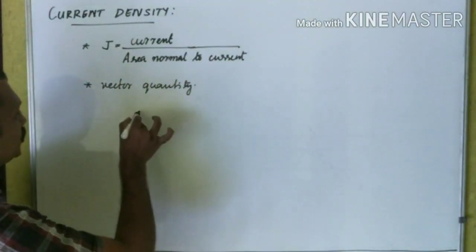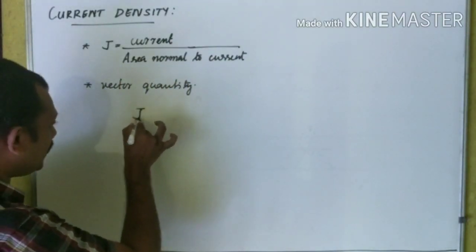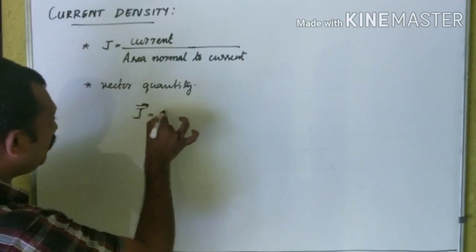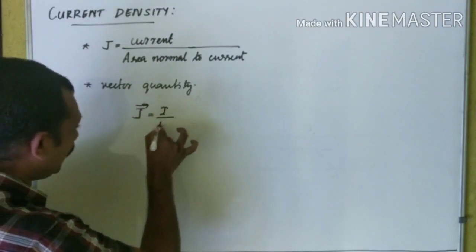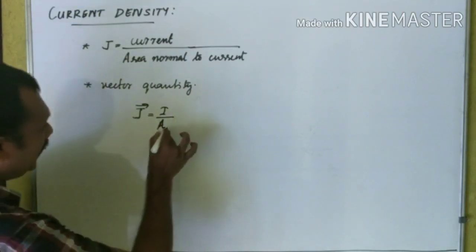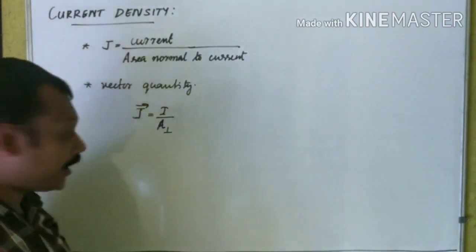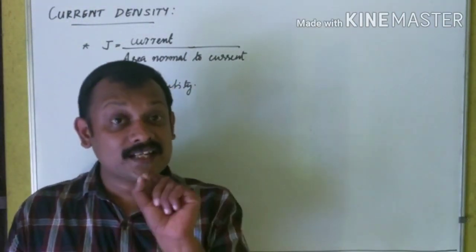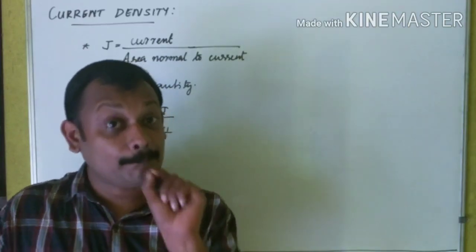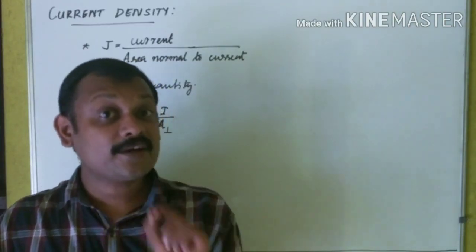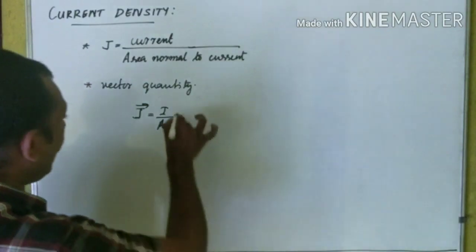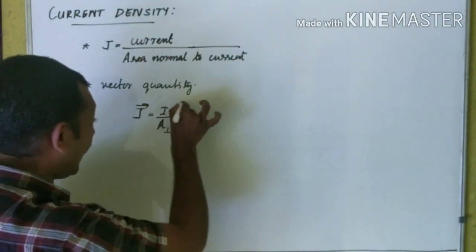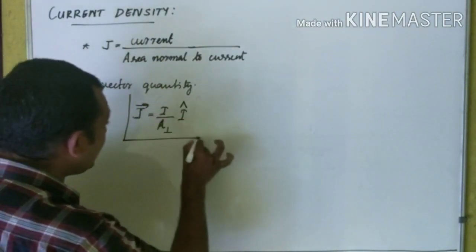So mathematically I can say current density J is equal to I divided by A perpendicular, times I cap. A perpendicular means the area, the plane perpendicular to the direction of current. What is I cap?